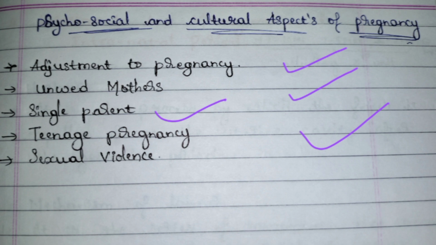And the fourth type is if the father or the mother is dead, the remaining parent has to take care of the child. These are the causes seen in single parenting, and this generally affects the child a lot. Emotionally the child might be lacking the care of either the mother or the father.